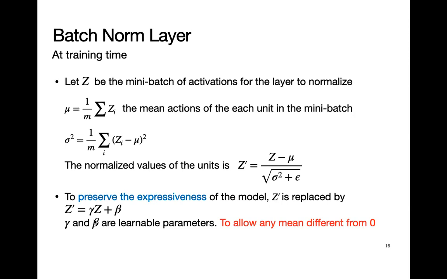Why do we take the average and only use the average? Because at testing time, you can have only one sample. How will you compute the mean and the standard deviation of one sample?